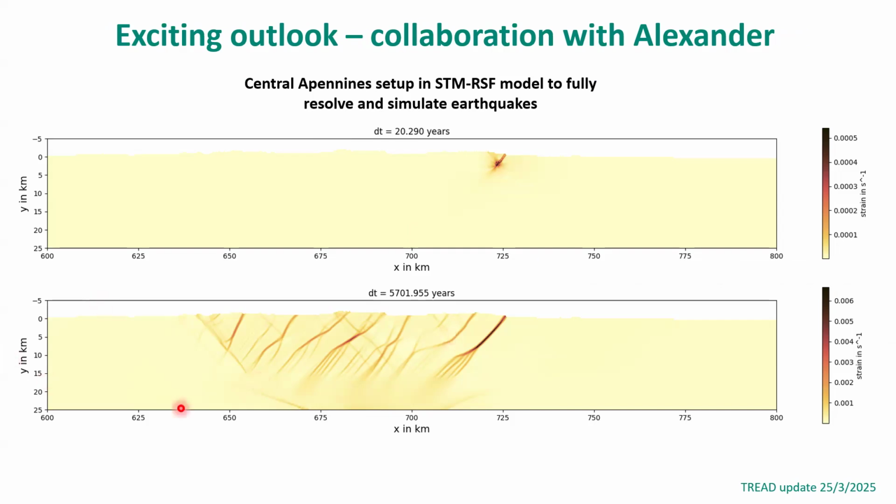This is the strain that has built up in the model since the transition to the rate and state friction, and so loading of the short term. So the starting point, you start at year 0. It's the output of your previous model, right?